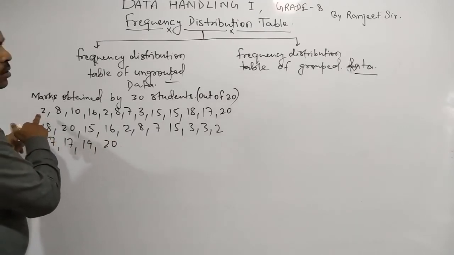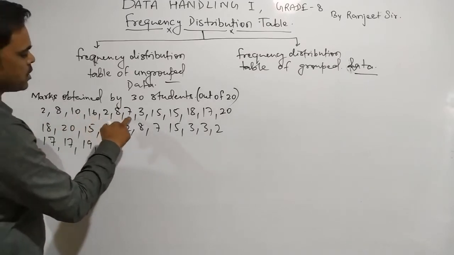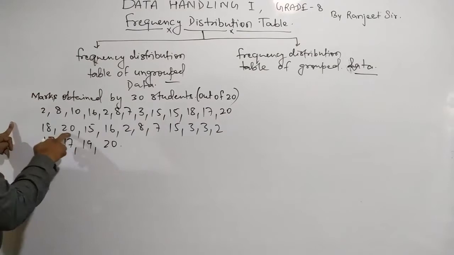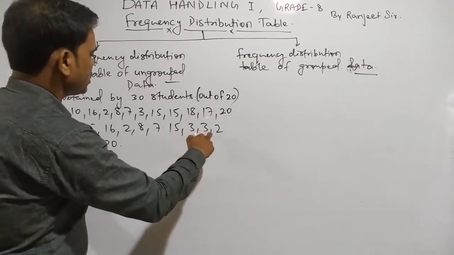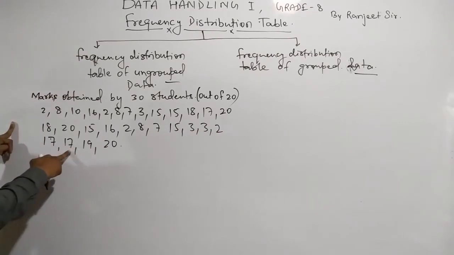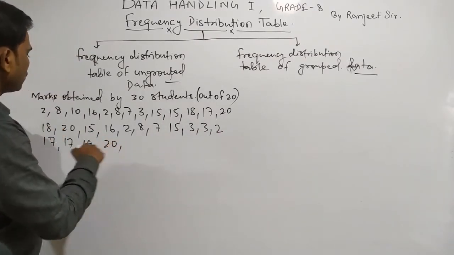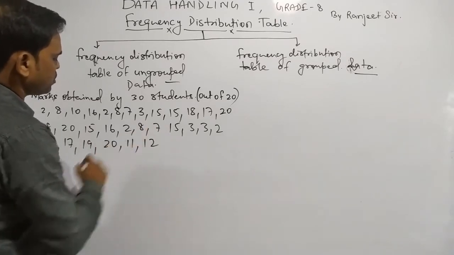I've written for 30 students, so let me count: 1, 2, 3, up to 28. Two more are required, so I write 11 and 12.